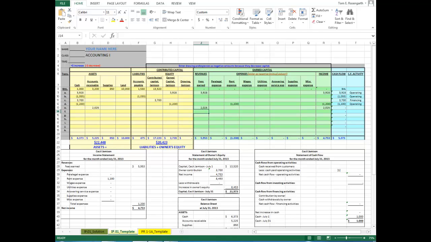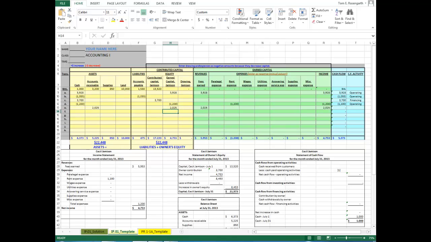The increase in revenue brings about a like increase in income, and because income increased, the earned capital will increase $2,025. Now note, the balance sheet doesn't balance until I fully enter the $2,025 amount to the earned capital. Once that amount is entered, you can see assets equal liabilities plus owner's equity. Because cash was not received by the business, there will be no effect on cash flow for transaction E.